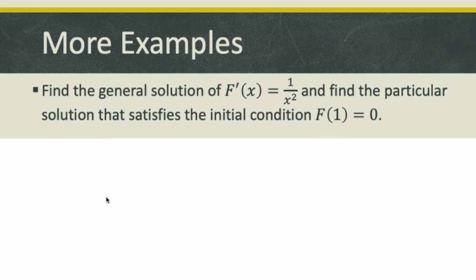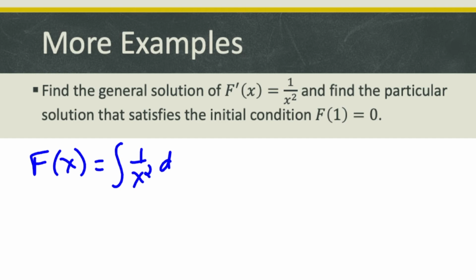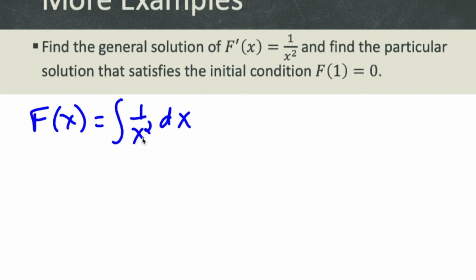All right, now let's do a couple of word problems here. Find the general solution of capital F prime of x equals 1 over x squared. That's one part, and then find the particular solution. So the first thing that we need to do is find F of x. Well, if I have the derivative of F of x, then I have to take the integral of both sides. So that is going to be the integral of 1 over x squared dx. And again, you can rewrite this as x to the negative 2 if that helps you.